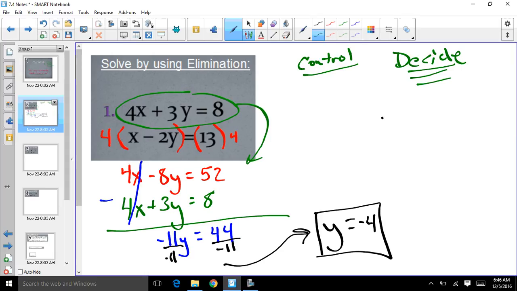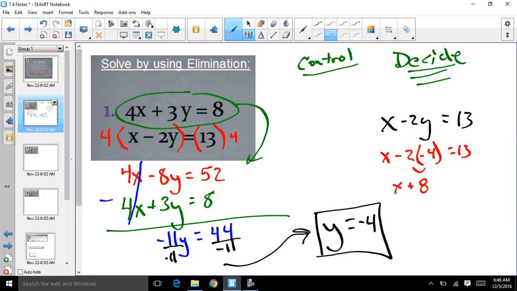So now if I go back to my original equation, x minus 2y equals 13, and I plug in that y is negative 4, I've got x minus 2 times negative 4 equals 13. This actually makes a positive 8, so x plus 8 equals 13.